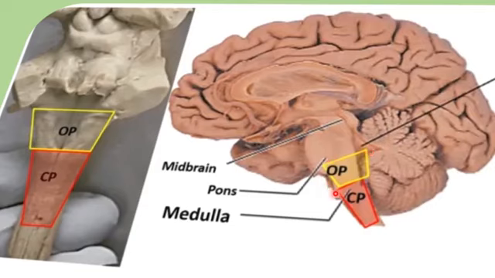It is called the open part because this is the part that will open into the fourth ventricle. And we have the lower or distal part that will continue as the spinal cord, also known as the closed part, which contains the central canal of the spinal cord.